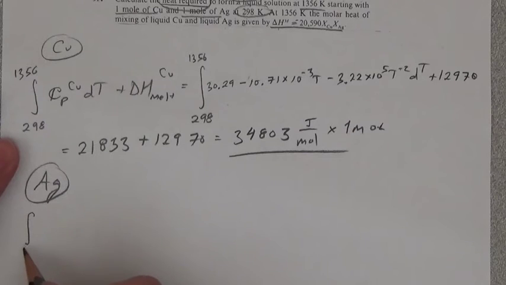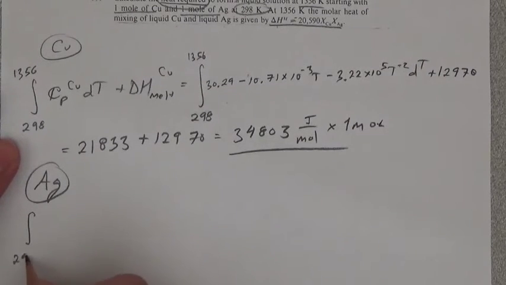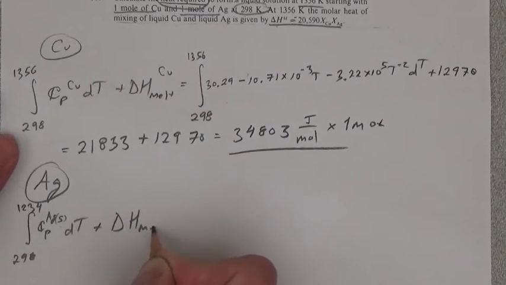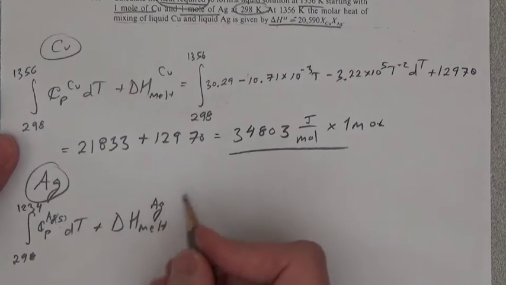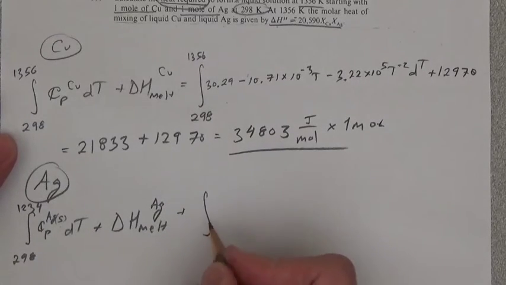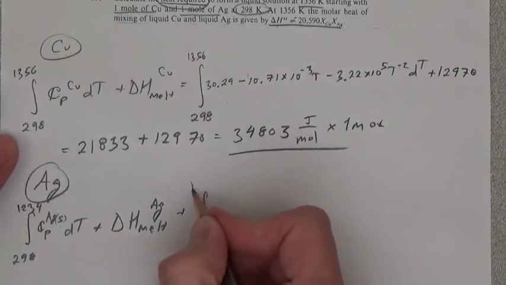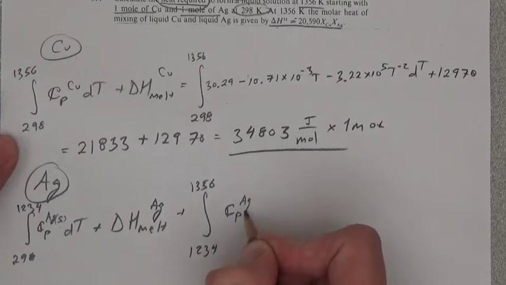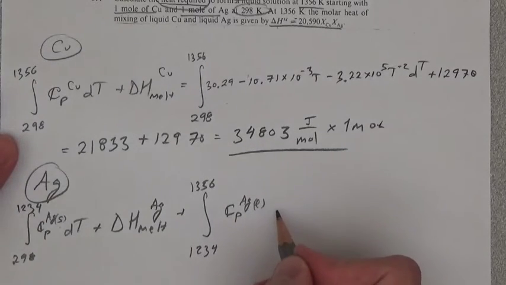So we'll have to do the integral from 298 to 1234 of the isobaric molar heat capacity of solid silver dT, plus delta H melt of silver, plus the integral from 1234 to 1356 of the molar heat capacity of liquid silver dT.